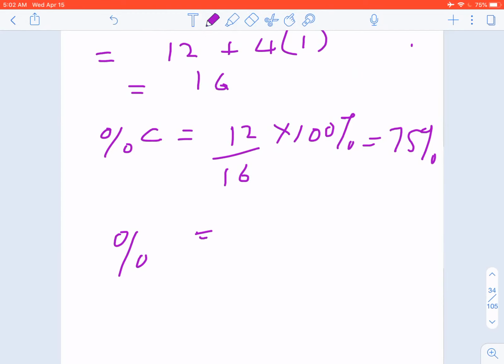Hydrogen is then 4 upon 16, and that gives us 25%.